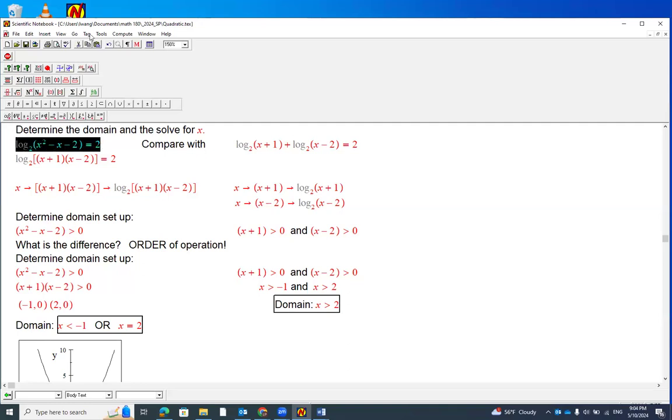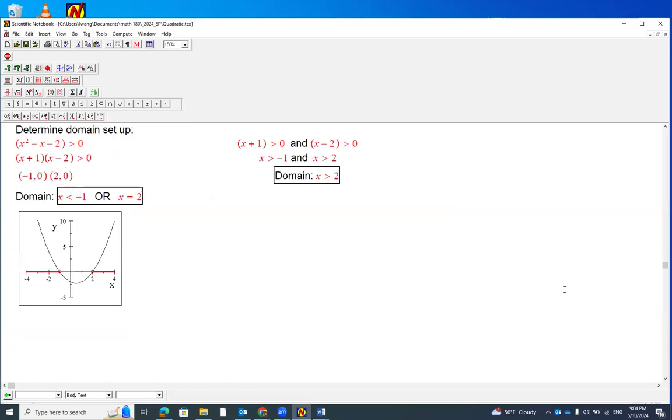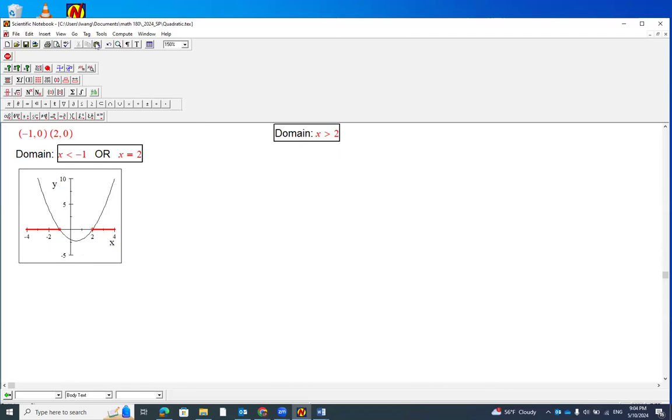So now we're going to solve our former equation, the equation that we're given, and then we're going to come back to solve the other equation. If we solve this equation, we're going to apply, of course, the definition of logarithm. That's going to be that equals 2 squared, which equals 4. You can condense that into one step. Then that turns into x squared - x - 6 = 0.